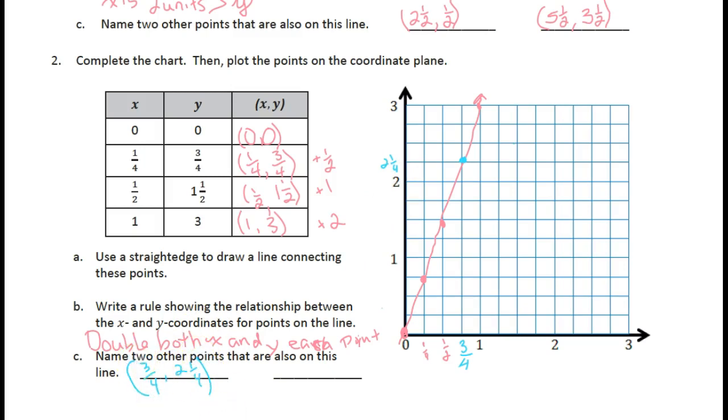There. All right, so now what we can do then is say, well, what if we were doubling, right? If we have this and we double it, we know it's going to be 2, 6 because we double it. And if we look on here, 6 is going to be way off the paper, isn't it? But we can figure if we follow that rule, it should work out just fine.